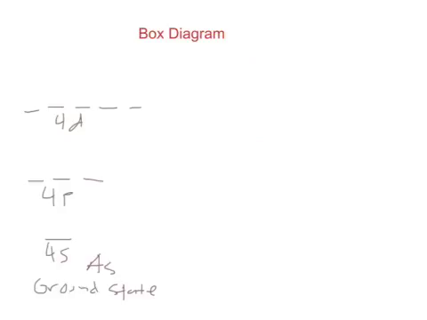Next, we'll do the box diagram for arsenic pentaiodide, which will determine if any of the electrons will get promoted and if any of them will get hybridized. So we'll start off in the ground state of arsenic, and we'll fill in the valence electrons, which are 5, and that gives us 5.